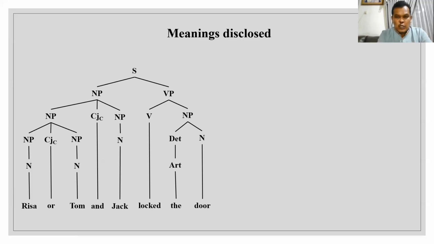The first diagram shows that the door can be locked by only one person or two persons, but this diagram shows that the door must be closed by two persons, and they can be Lisa or Tom together with Jack. In other words, Jack must be involved in the process of locking the door, together with either Lisa or Tom.